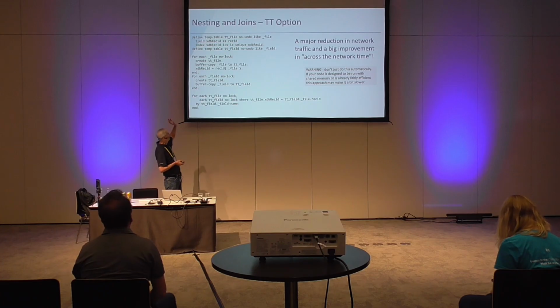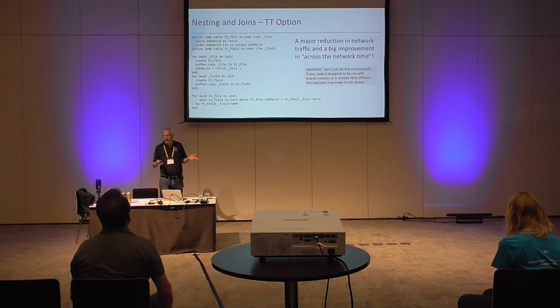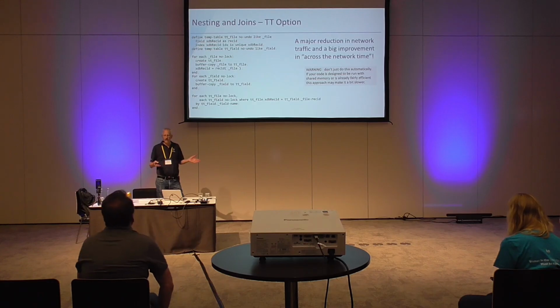And you do that by creating the temp table like the original table. Make sure you only have one index on it because you don't need the other indexes. Then substitute the temp table in where you previously had the real table, and magically a whole bunch of your traffic back and forth goes away. Kind of cool.